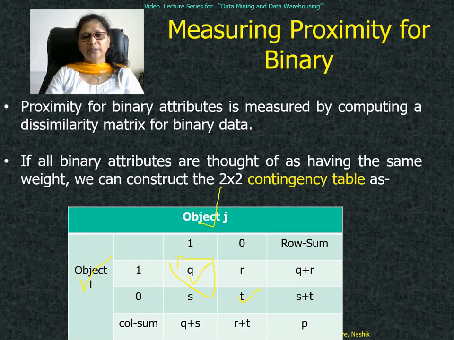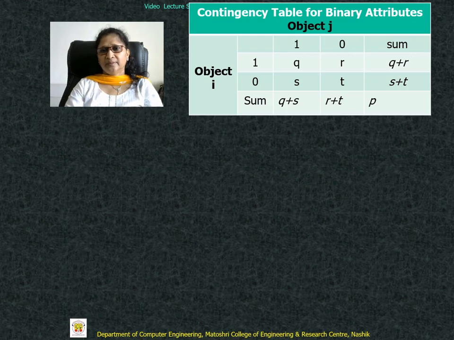When the value is 0 for object I and 1 for object J, that is represented with the count S. And the count R indicates the number of entries where the value is 1 for object I and 0 for object J. So in this contingency table, these four values are important.